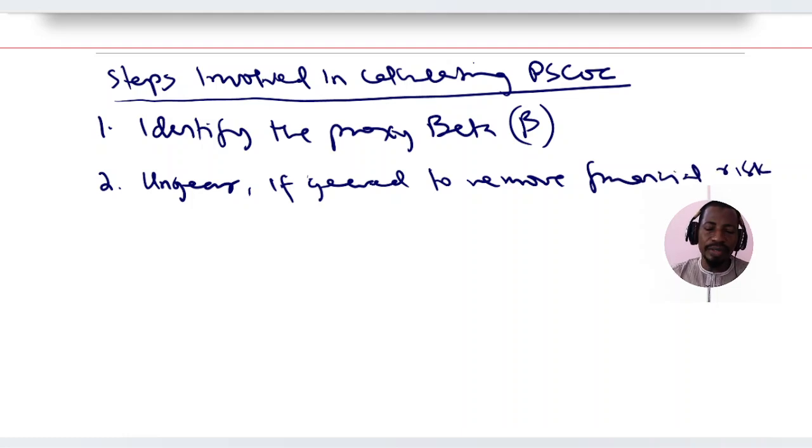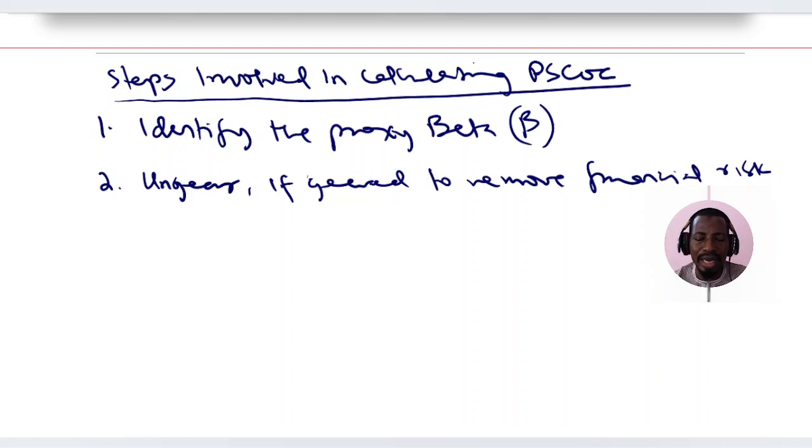So if the beta identified in step 1 is geared, then you need to remove the financial risk, because first thing first, you want to calculate asset beta, and you know asset beta measures only business risk. You want to remove the element of financial risk from the beta you identified in step 1.